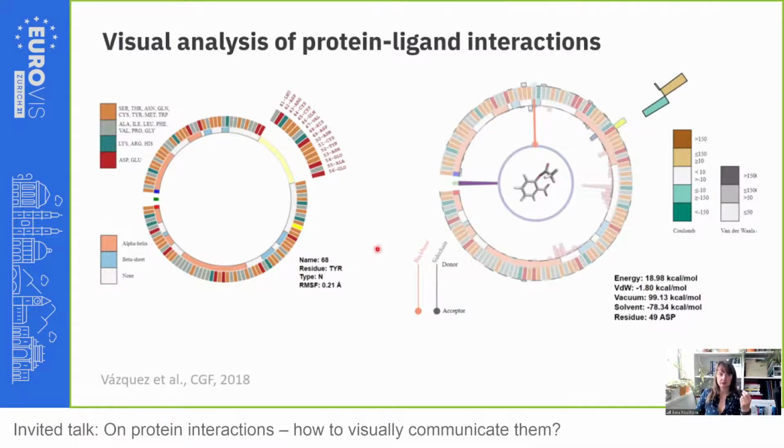When you would like to explore the interaction of a ligand with this protein, the ligand is positioned in the center of this circle, and then you have different types of connections and other information which gives you the idea of how the ligand is interacting with individual amino acids of the protein. But if you check the paper, you will see way more examples of what can be seen in this visual representation which he designed.